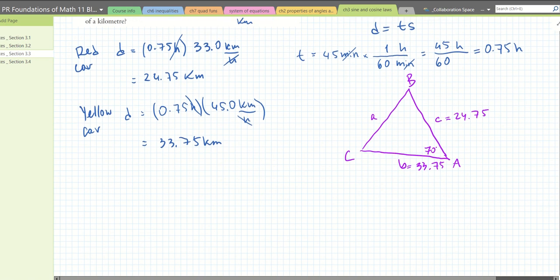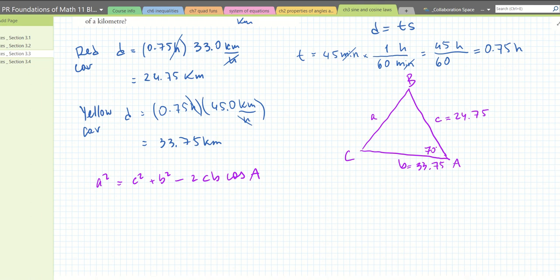So the next step is to use cosine law, and in this case, we're looking for side A, so you're going to write a squared equals c squared plus b squared minus 2cb cos of angle A, which is given to be 70 degrees. So to find A, we need to plug in numbers and then square root the answer.